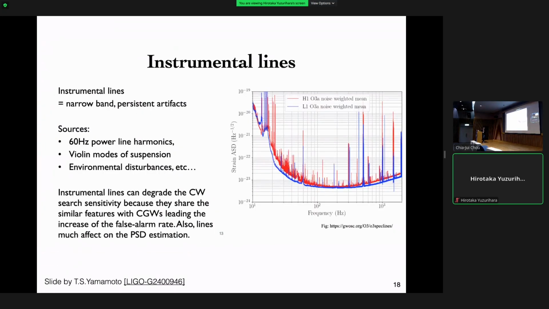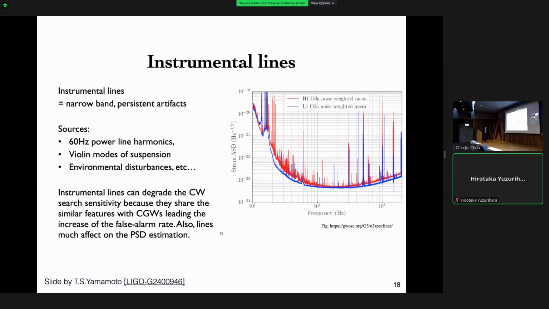Another non-stationary feature is called line noise. Glitches affect a wide, broadband frequency range, but line noise affects a very narrow band, usually less than 1 Hz, as persistent artifacts.